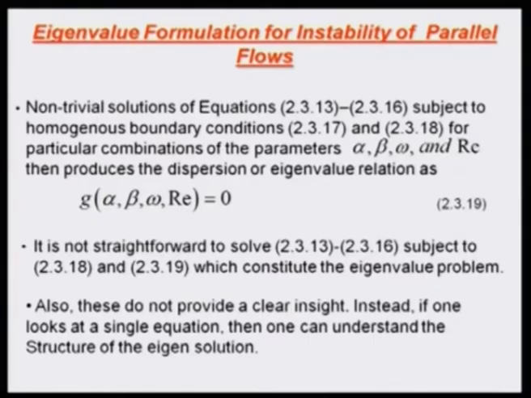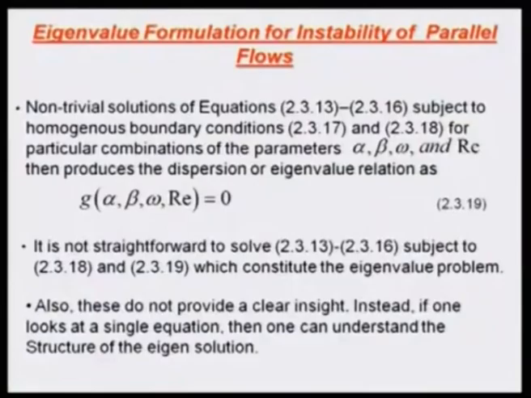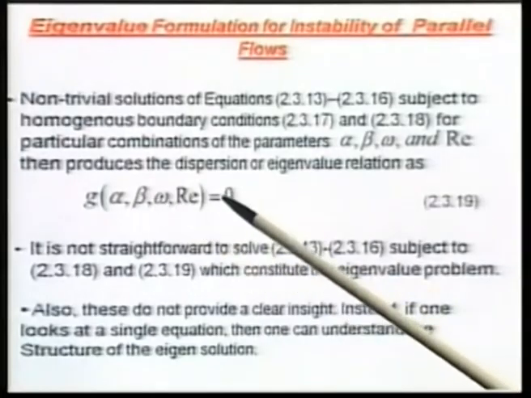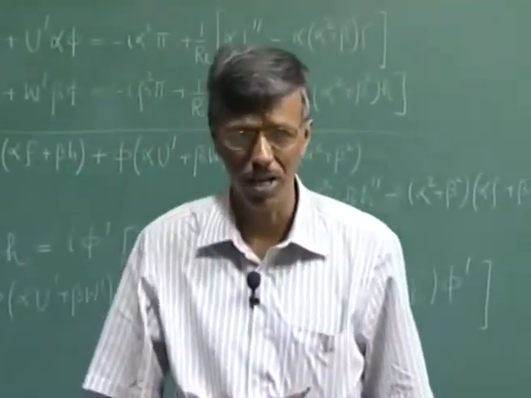They are nothing but the wave numbers alpha, beta, the circular frequency omega, and the Reynolds number as the parameter of the problem. Then we need to figure out the combination of these parameters such that we get those non-trivial solutions. Okay.